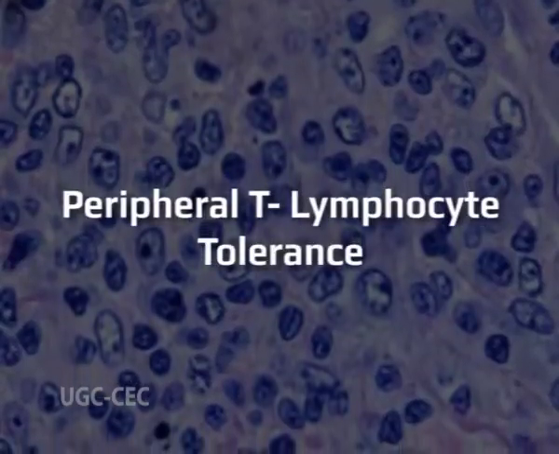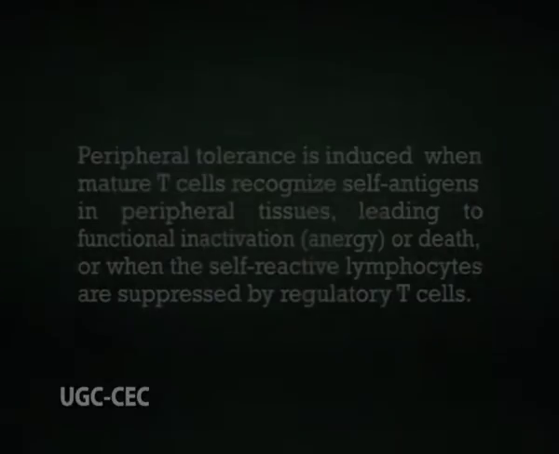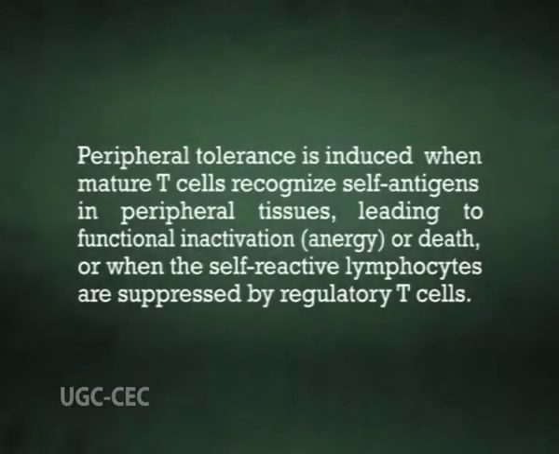Now let's come to the peripheral T lymphocyte tolerance. Peripheral tolerance is induced when mature T cells recognize self-antigens in peripheral tissues, leading to functional inactivation, that is anergy, or death, or when the self-reactive lymphocytes are suppressed by regulatory T cells.